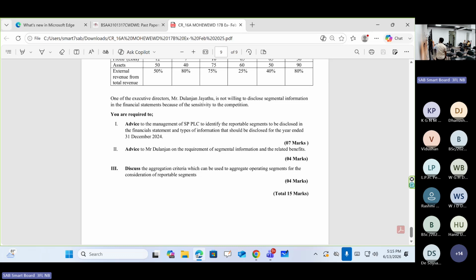and the types of information that should be disclosed. What are they? Revenue, expenses, cash flow, cash inflow, and maybe total assets. All this information should be disclosed.